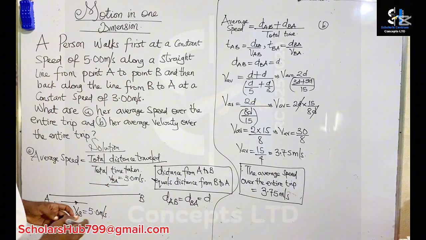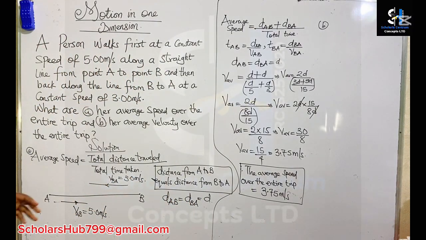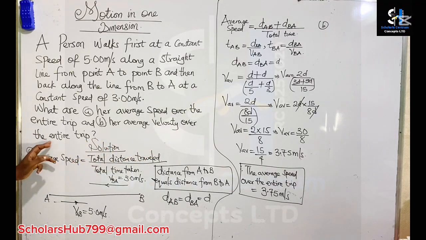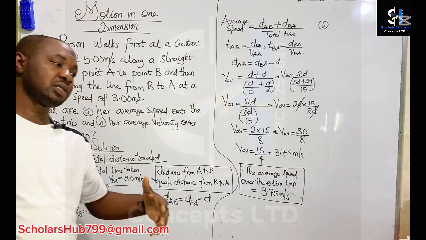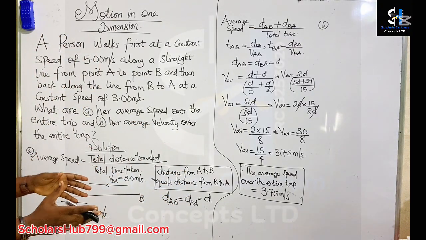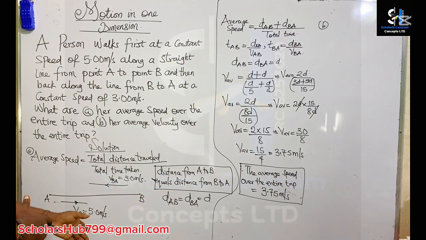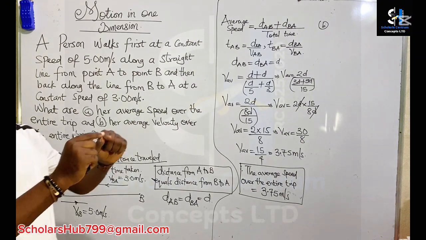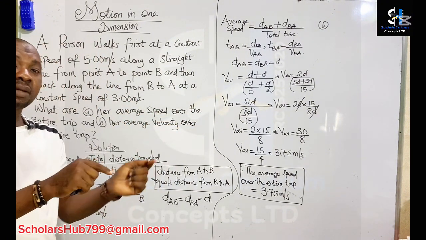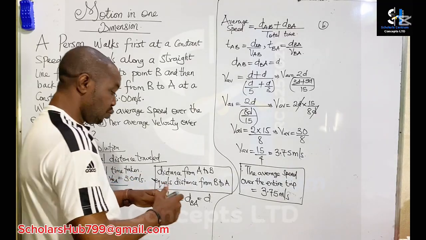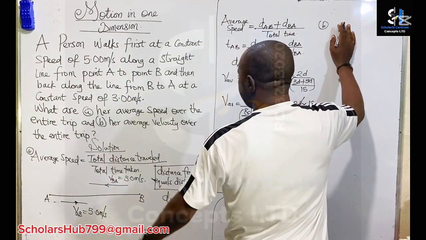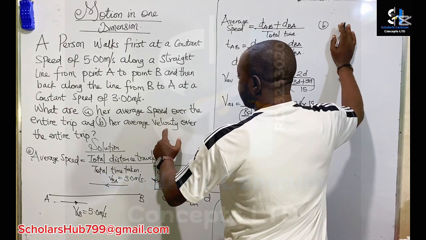Now let me explain this. We want to find the average velocity over the entire trip. You recall I said she returns to the starting point, which means the total displacement will be D minus D. Now we want to calculate average velocity over the entire trip.